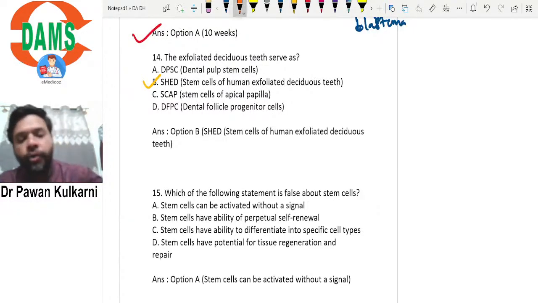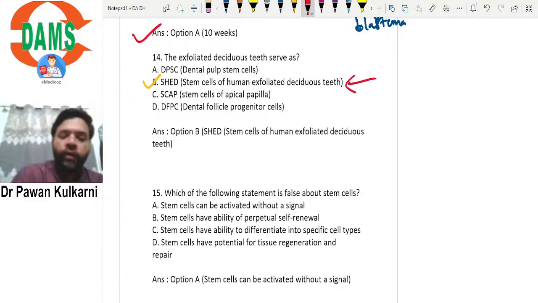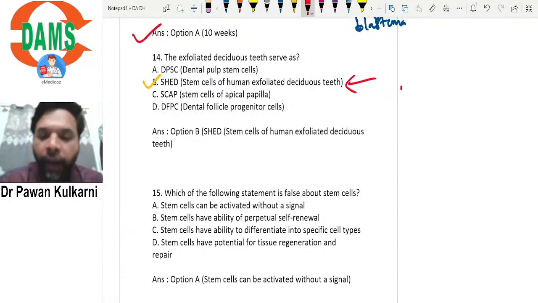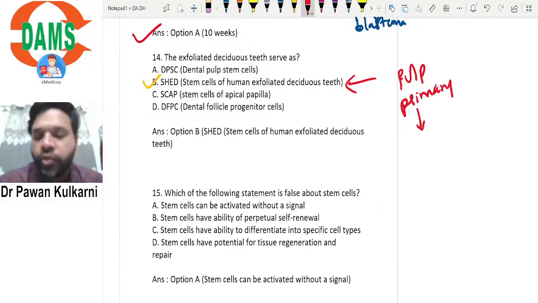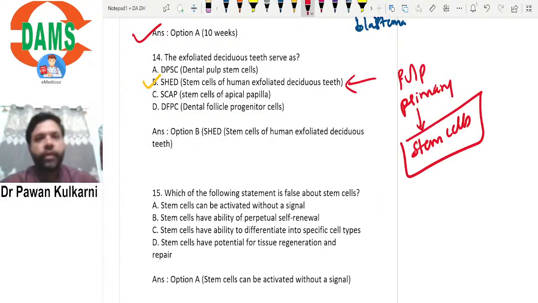So very important question, very commonly asked question. What is the major source for the stem cells from the deciduous teeth? So pulp from the deciduous teeth or the primary tooth is major source for stem cells. That is called as SHED.